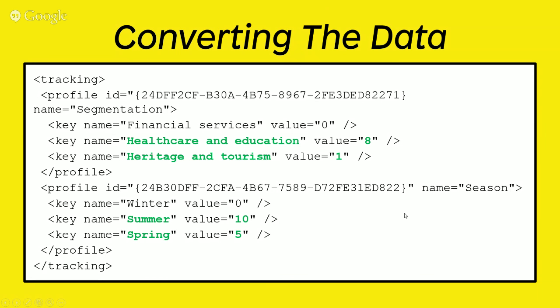Now, while I'm talking here, I realize that I'm saying that things are in and out of a category. I based that on being not zero. So these two keys, winter and financial services, are not considered a category, whereas the other ones that have been assigned any value are in a category.